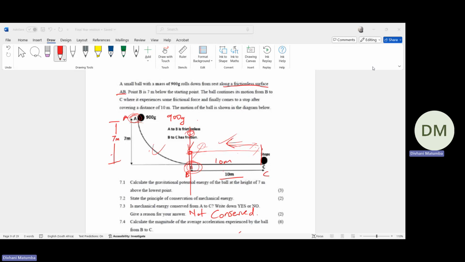Now for those who are on TikTok, I have already shared the link, but I'm going to reshare it for those who want to participate in the pre-final exam. The pre-final is sort of like a preparatory exam. I'm going to share the link to the WhatsApp group.